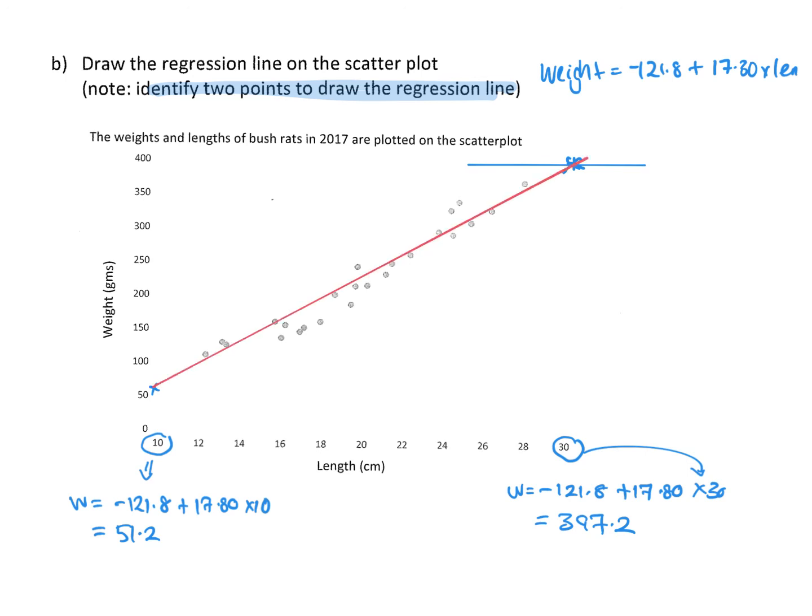And when they say mark those points, what you do is write what you put in. So when it was 10, I got 51.2. And up here when it was 30, I got 397.2. That way it'll cover you if you're a little bit off the scale, because you're telling them what it means. Now, if I'm saying that it was 51.2 and my line's up here, you're going to get it wrong. So you could be in the rough estimate area of where it should be. Okay? I'm just going to go find that.